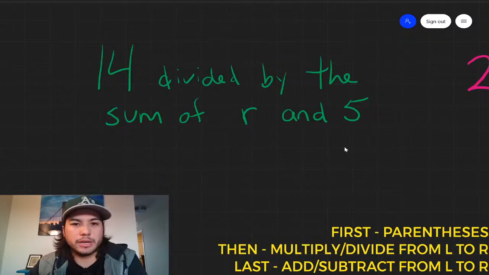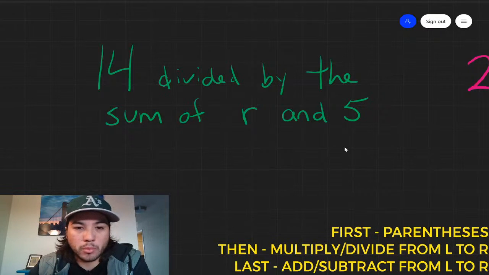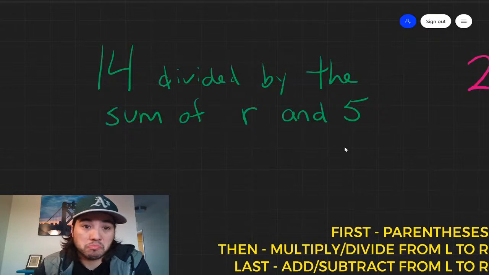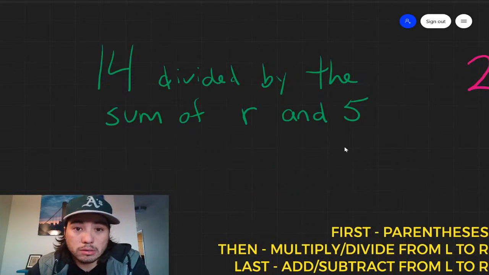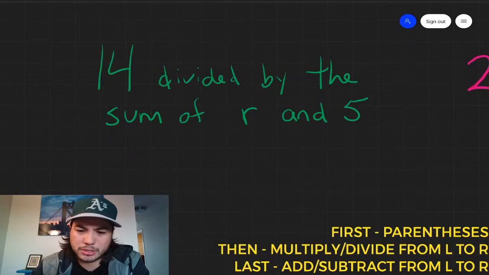Okay, we know we're going to need a division symbol in there. Going back to our word wall, the sum means adding. So we're going to need r plus 5. And then thinking about that 14 and dividing, there's kind of two options here.